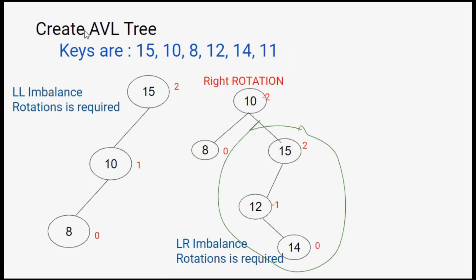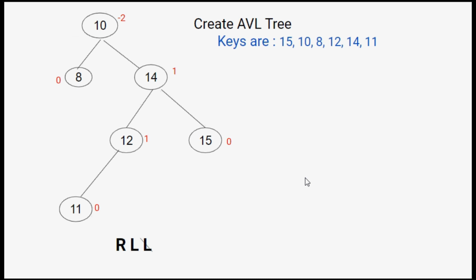As you can see here also, what I told you, that you only need to look at the three nodes which are creating imbalance. You need not look at all the other nodes. Similarly, here also we have looked at the three nodes which are creating imbalance. Although it is giving me three rotations, I need to focus only on the first two rotations. Automatically, when you work on those rotations, the rest of the nodes will become balanced.